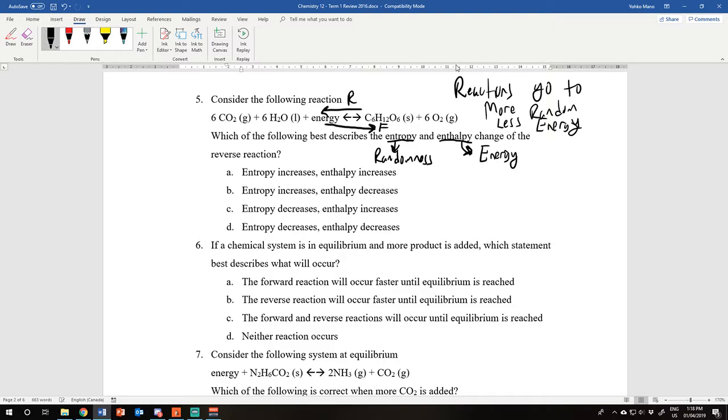Yeah, that's what they want to do. So a chemical reaction wants to go to a state of extreme randomness and a state of low energy. Okay, now randomness is generally determined by state of matter.